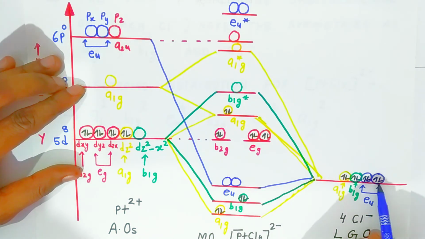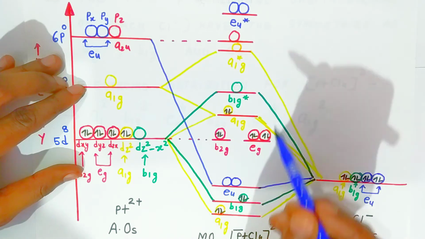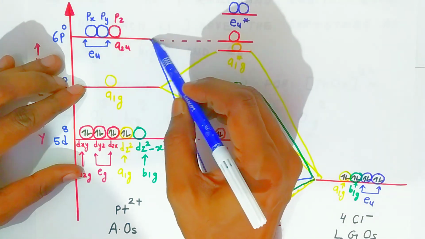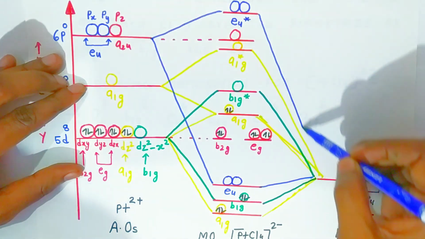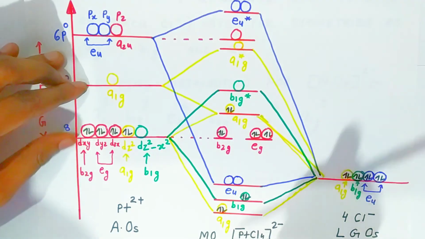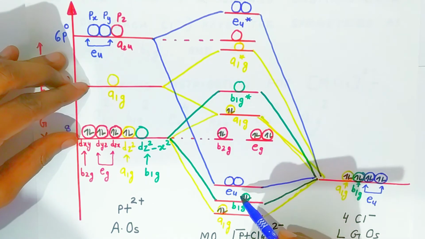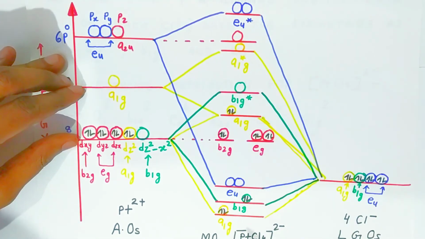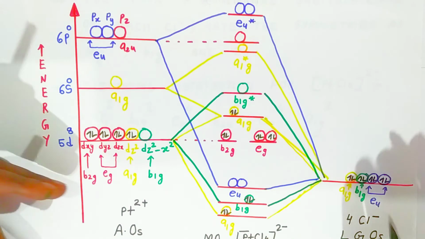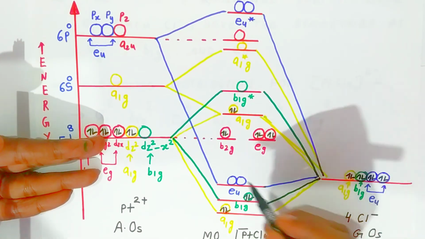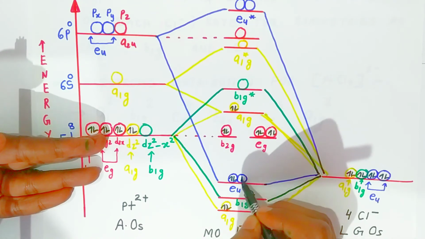Now it has two electrons in each molecular orbital. Here also you will find EU star as anti-bonding molecular orbitals. Here also it will combine. So this is the bonding EU and this is the anti-bonding EU star molecular orbital. Now here also you have two electrons. All the electrons are coming from the ligand side only, so they will go to the bonding orbital first.